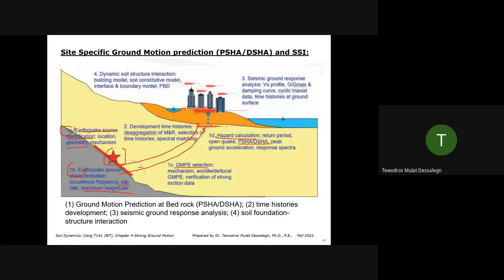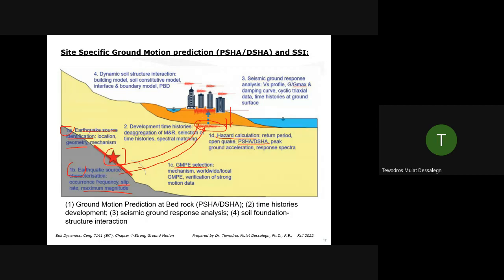And finally, they give us the acceleration response spectrum right here, the ground motion response spectrum. Then our task starts from here. We use the input from the bedrock and do site amplification through the soil. That's the geotechnical engineers' job. We do site amplification with or without the soil. This is what is called SSI.